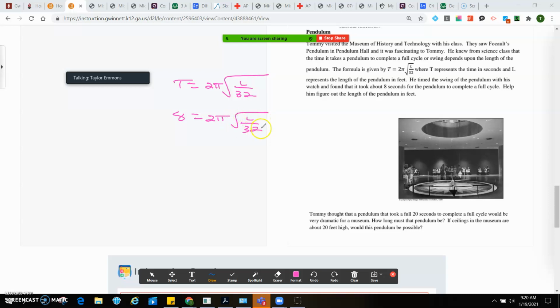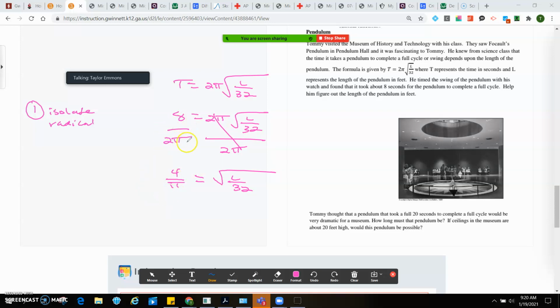And then we want this square root by itself. So like back when we were solving, remember that first step is to isolate the radical. So we're going to divide by 2 pi on both sides. And so that's going to give me square root of L over 32 equals 4 divided by pi.